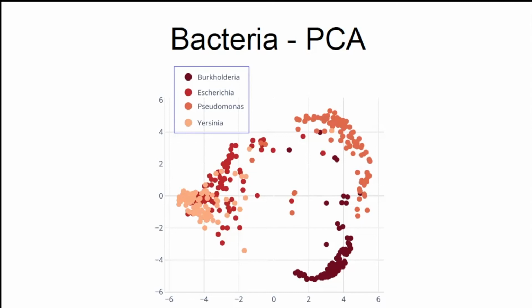And you can see how the taxonomic structure of the sequences is conserved, right? We have our Burkholderia, we have our Pseudomonas, we have the Yersinia, and we have the Escherichia. What's also really cool is that, for example, Yersinia and Escherichia that are clumped together in the PCA, they're both Enterobacteriaceae. They're both bacteria that are associated with the gut.